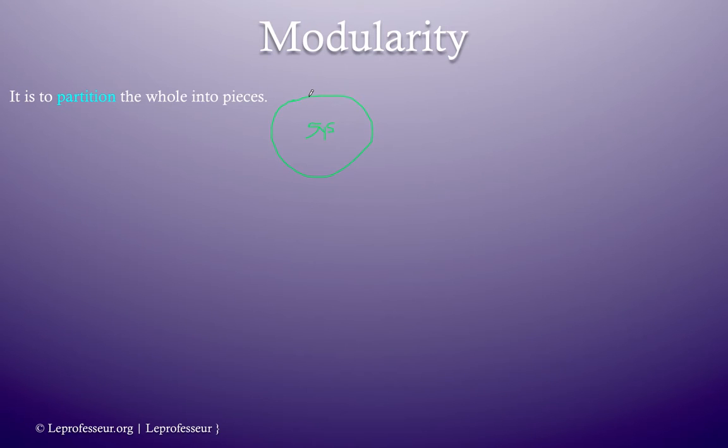So let's say you want to have only two partitions, S1 and S2. And what is the relationship between S1 and S2? If you have, say, a few connections, that means it's loosely coupled.